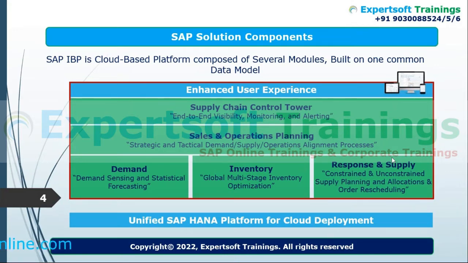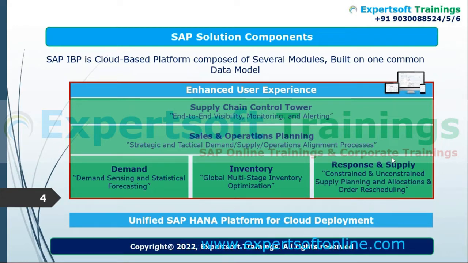Now, when it comes to IBP, we have an inbuilt analytics mechanism; the analytics applications are available in IBP. So when you go with IBP demand planning or supply planning, there is no need to move the results from the planning to another system to view the data in the form of charts, analytics or reports.